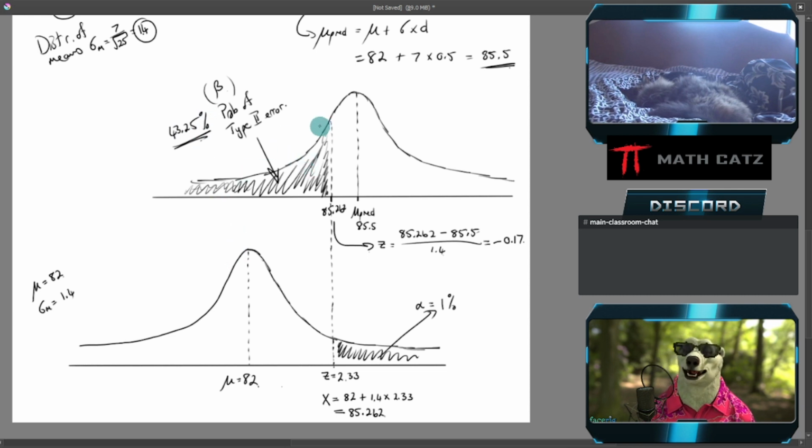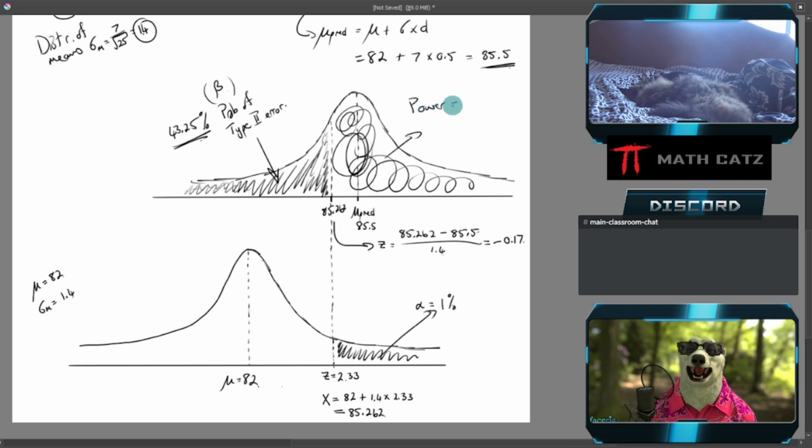The rest of it, that is the power, which is going to be 100% minus beta if I'm working in percentages. Let's show that in the calculator.